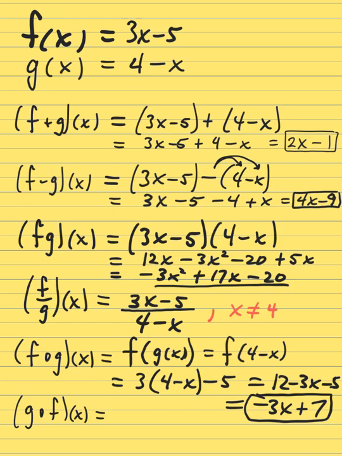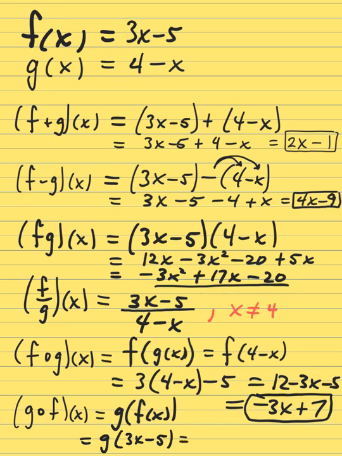And then, as you guessed it, g circle f, or may not have guessed it since it's brand new. Let me write that a little neater. You're going to actually plug f into g. So this will collapse down into g composed of f of x. f of x is 3x minus 5. Now we'll substitute that into g.